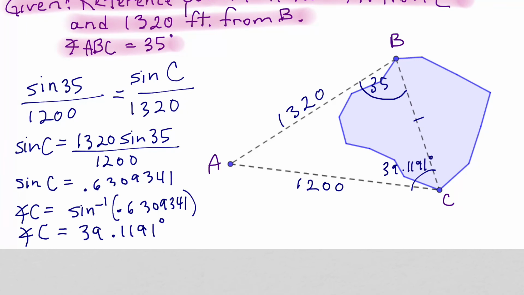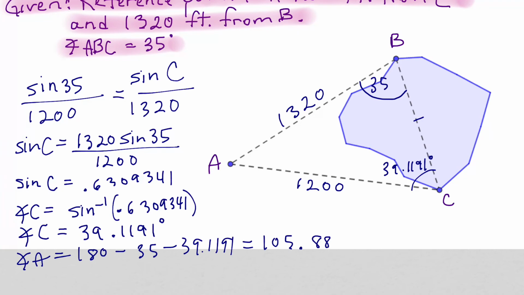All right, so now I can figure out angle A, which is 180 minus 35 minus 39.1191. So angle A is 105.8809. I typed it into the calculator. All right, so that's angle A.